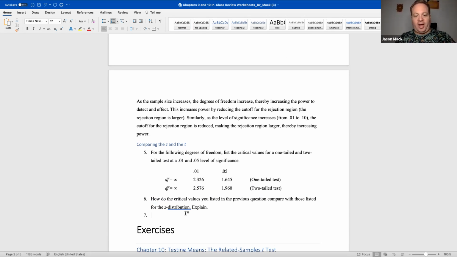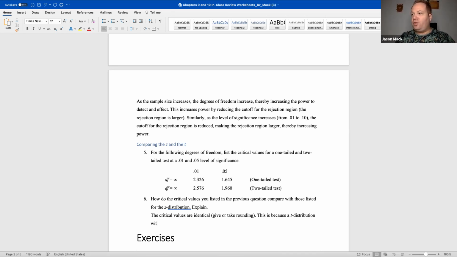Well, the way you can think about that is the critical values are identical, give or take rounding, and the reason for that is because a T distribution with degrees of freedom equal to infinity is a standard normal Z distribution.